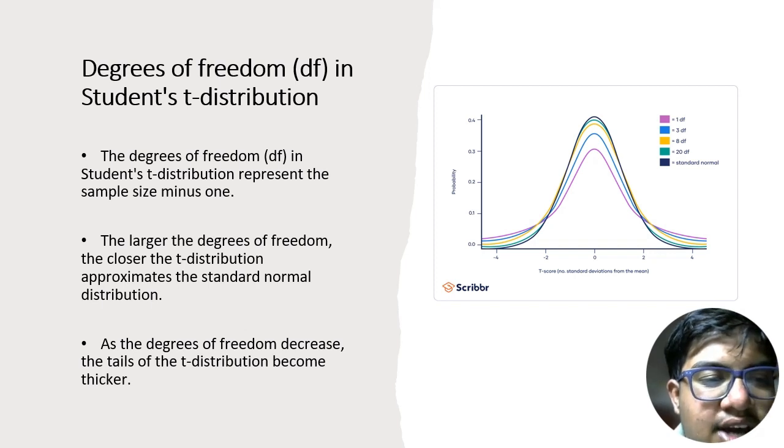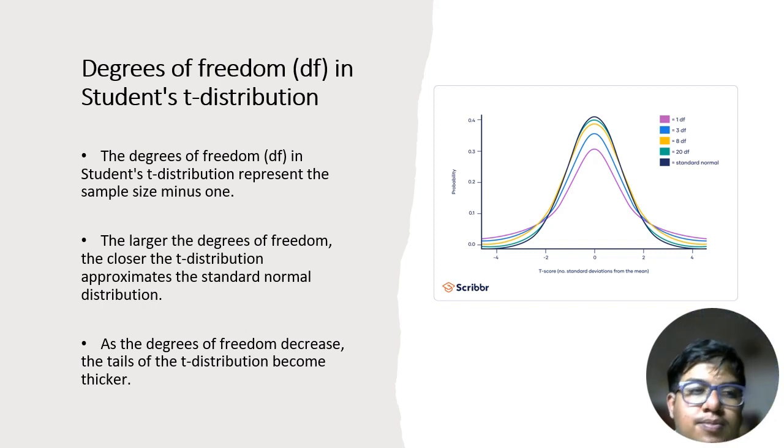The larger the degree of freedom is, the closer the t distribution approximates the standard normal distribution. So basically, the degree of freedom in Student's t distribution is the sample size minus 1.